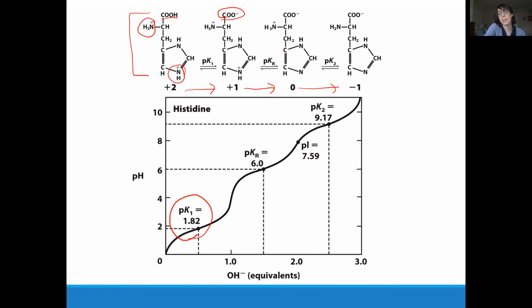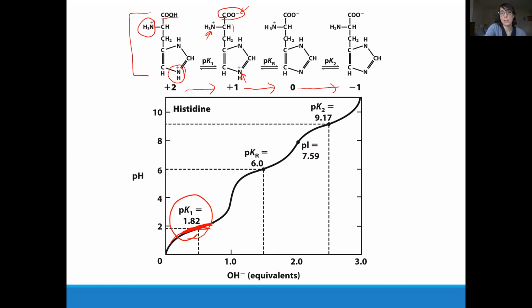At this point, the total charge of the molecule is now +1. That's because there's a negative charge here, a positive charge here, and a positive charge here. So in total, the charge is +1. So we've gone through the first zone, the first pKa.